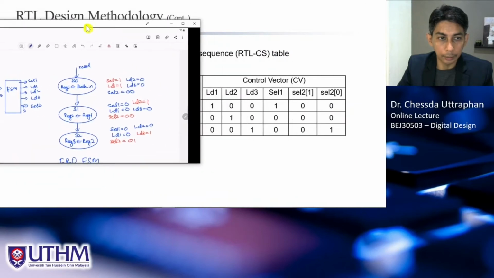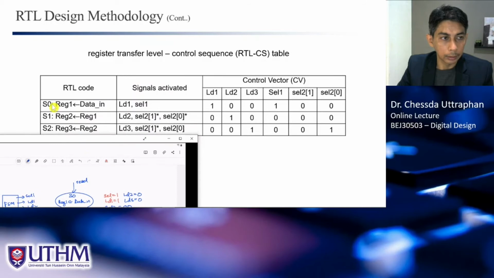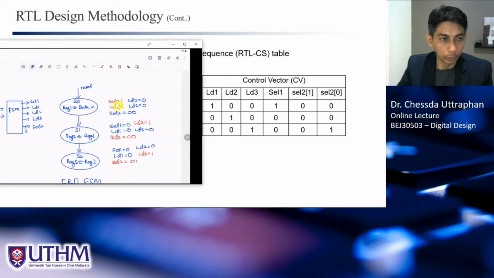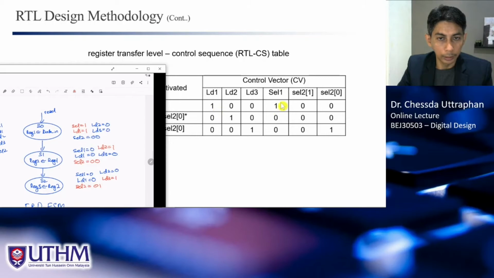So we can see that in state 0, these are the signals that are activated: LD1 and SEL1. So LD1 is 1, SEL1 is 1, and the others are 0.